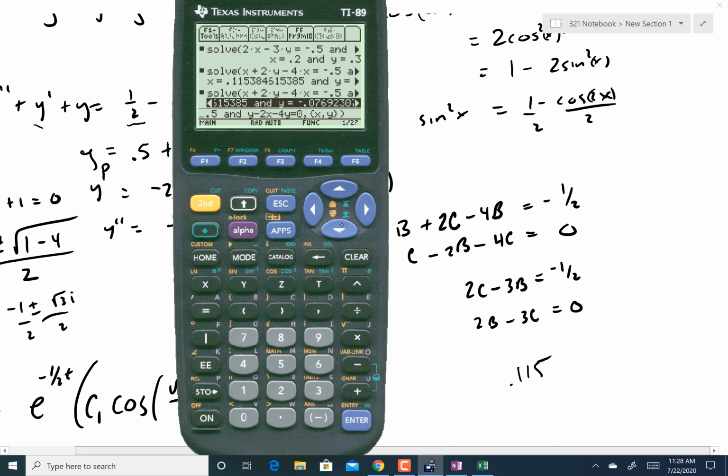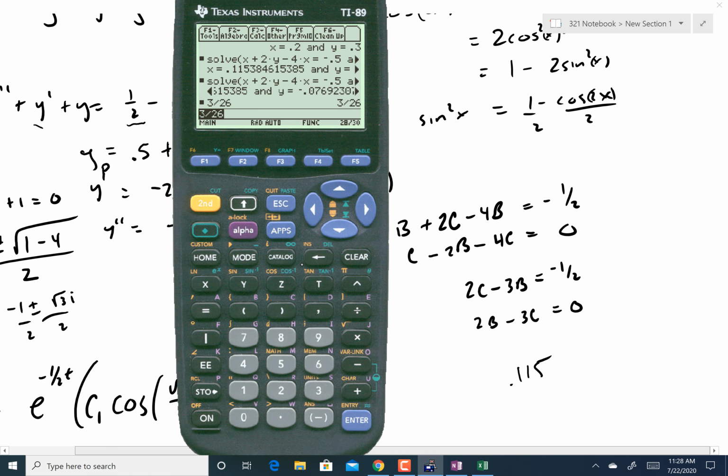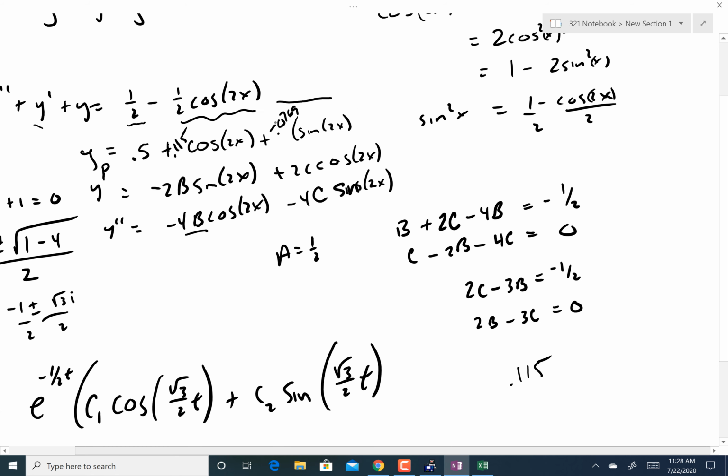Well, 3/26 is 0.115, and then negative 2/26, 0.07. There it is. So that's the correct answer. So I apologize. That's the correct answer right there.